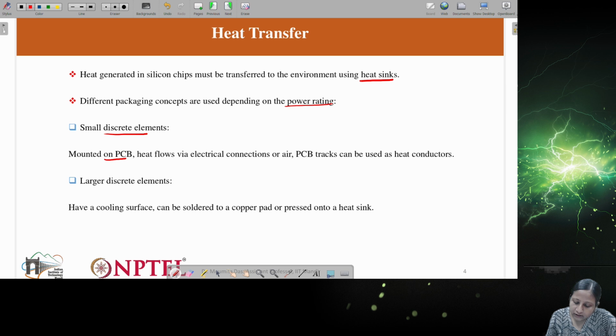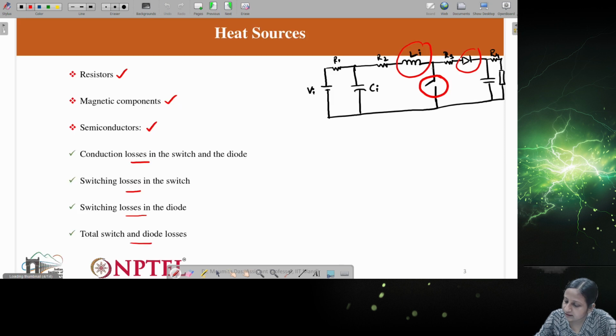Okay. So if it is mounted on PCB, the heat flows via electrical connection or air, or PCB tracks can be used as heat conductor. So basically the connections, as you have already seen in the previous, there are different connections where the switches will be connected either to the positive terminal or the negative terminal.